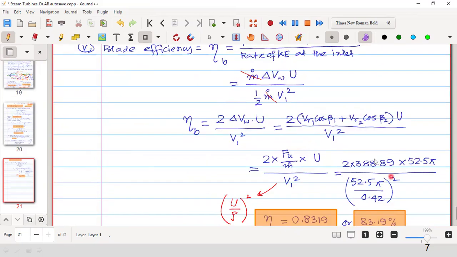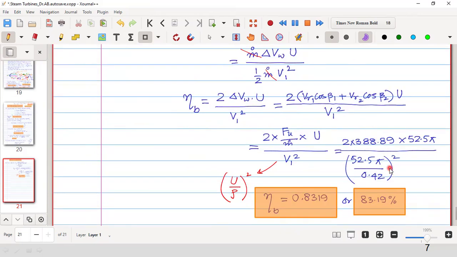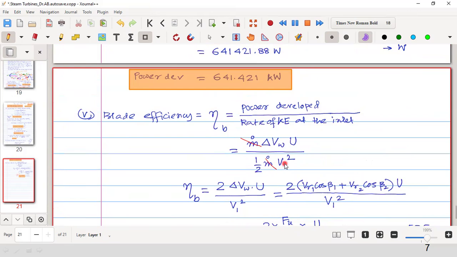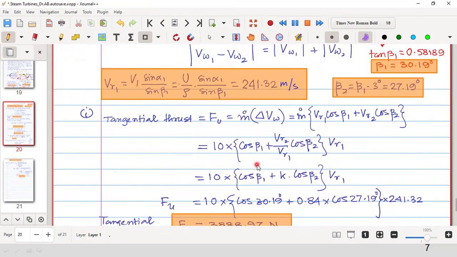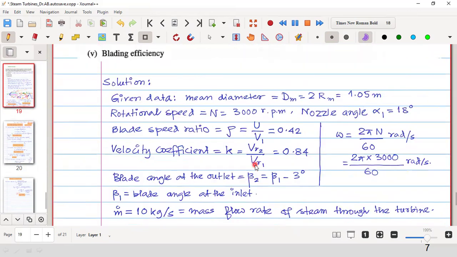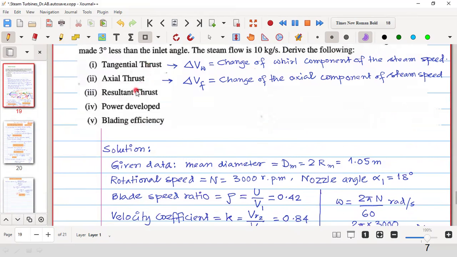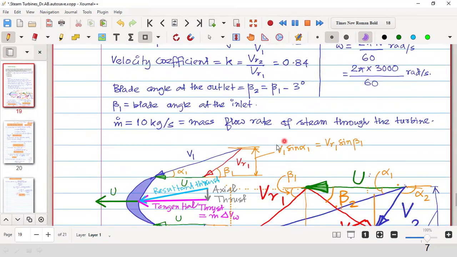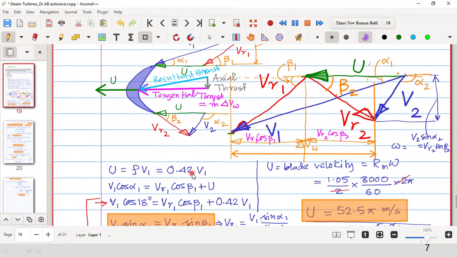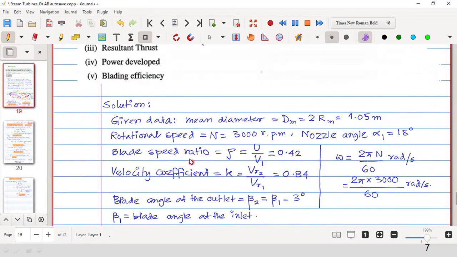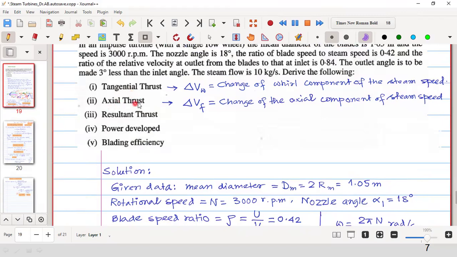Okay, is the calculation clear? Yes, sir. Okay, so there were 5 quantities that we had to calculate. Tangential thrust can be calculated using this relation from delta VW, and axial thrust can be calculated using the quantity delta VF.